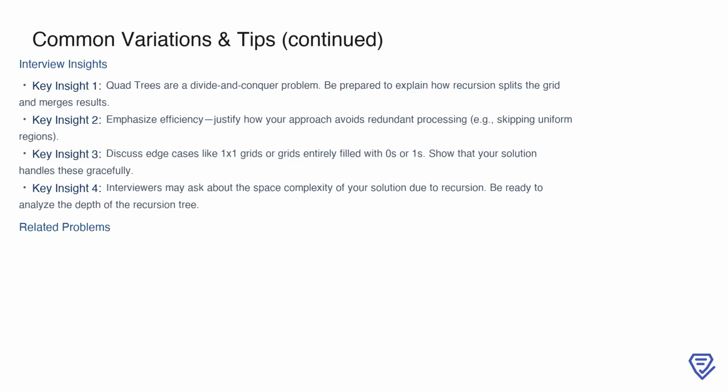It's also important to address edge cases, like handling one-by-one grids or grids that are entirely filled with zeros or ones. These scenarios often come up in interviews, so demonstrating that your solution accounts for them will leave a strong impression. Lastly, interviewers may ask about space complexity, especially due to recursion.